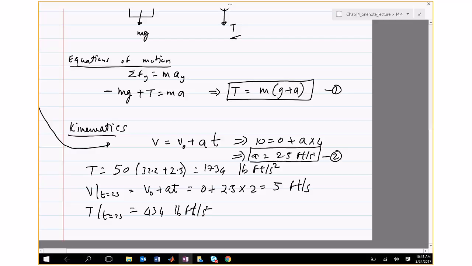So then, the power at t equals 2 seconds is 1734 times 5. Okay, that comes out to be 8675.